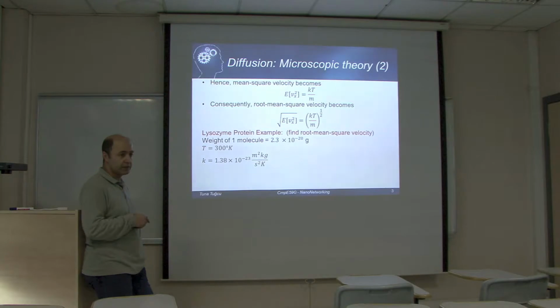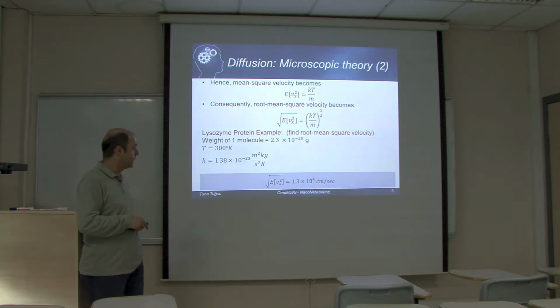And the Boltzmann constant is a constant. Note that in the Boltzmann constant, pay attention to the units. Here it's in kilograms, so you have to convert these grams to kilograms. And the temperature is in kelvins. Okay? So you can easily plug it in and find the root mean square velocity to be 1.3 times 10 to the 3 centimeters per second.